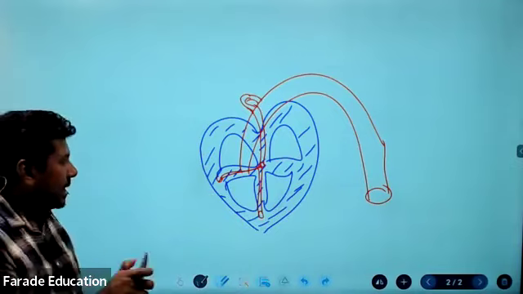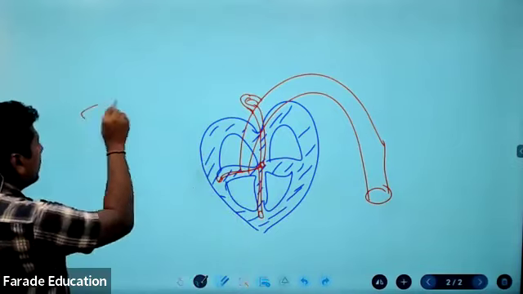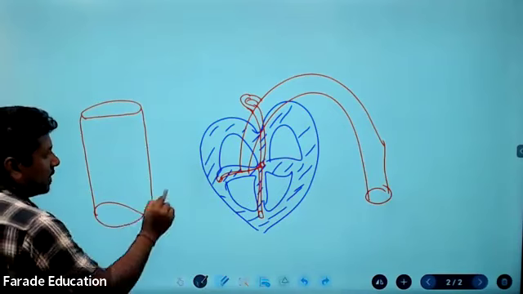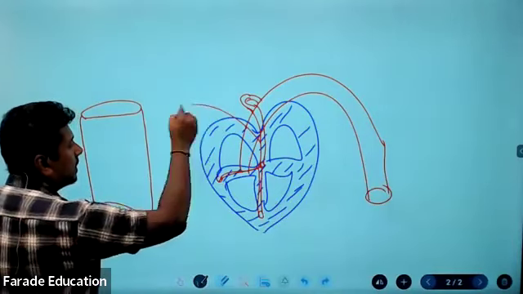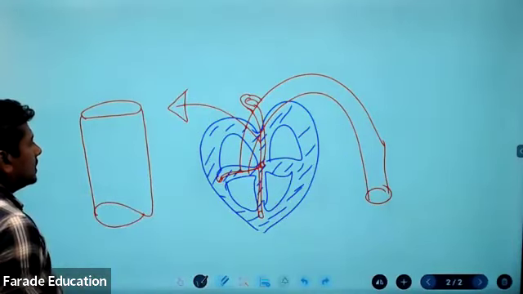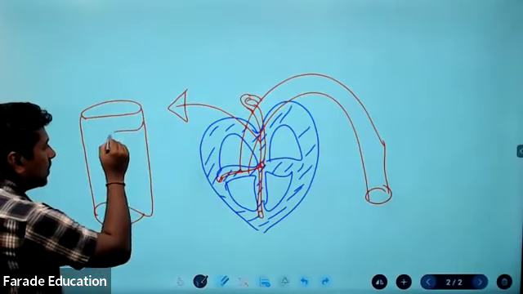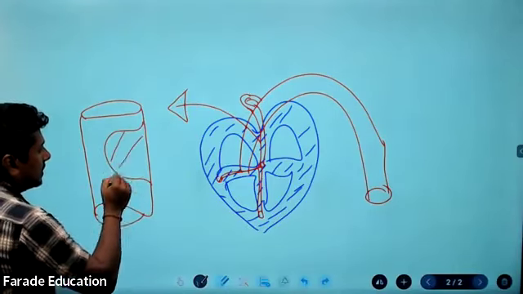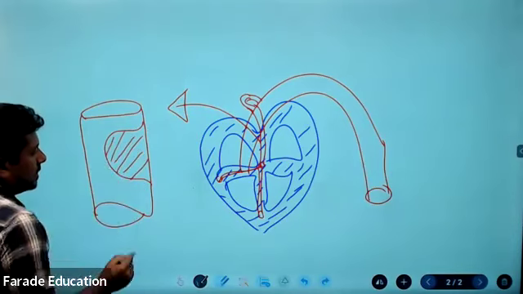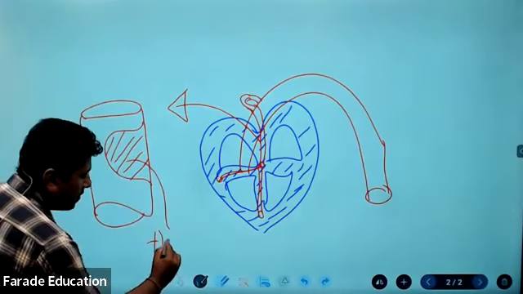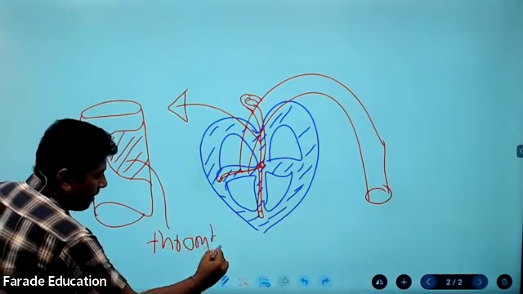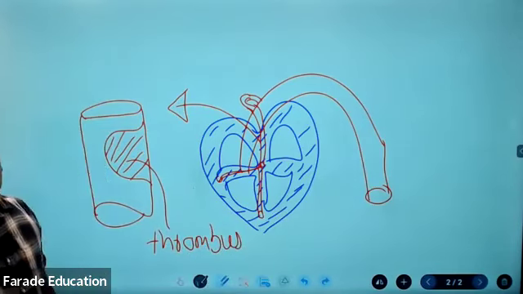So now I'll enlarge this. This is the part of this coronary artery, right? So if you get a blood clot like this, it is called a thrombus, right?